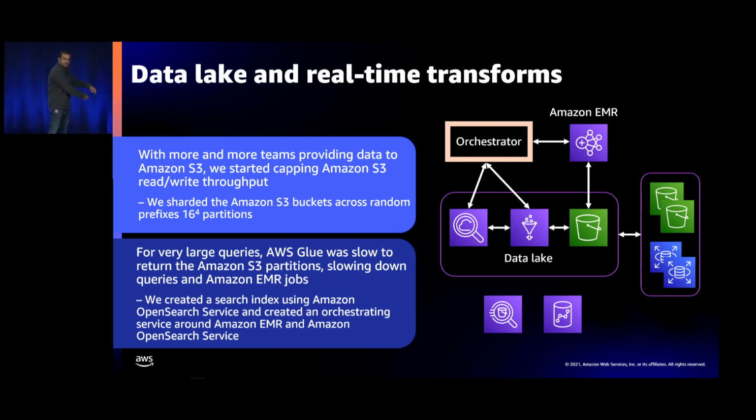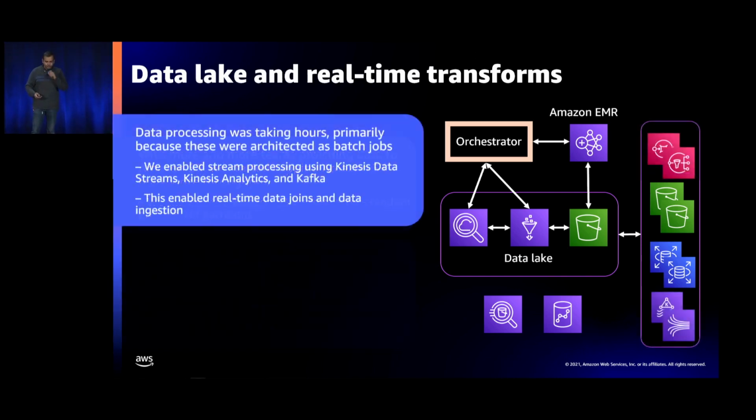It would then search in Elasticsearch and the Glue catalog to figure out which S3 files and S3 buckets to pick up, and it would go pick those specific ones. This improved our bottleneck on Glue. It also improved our overall delays in the job processing manifolds.